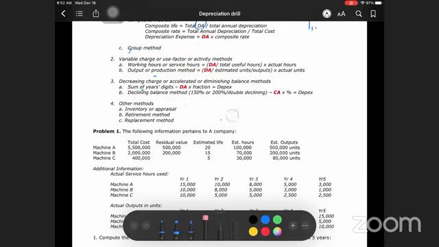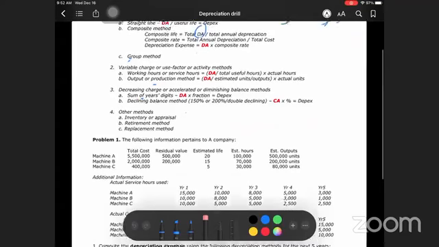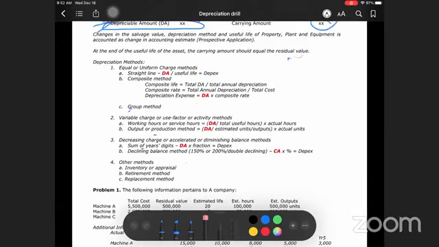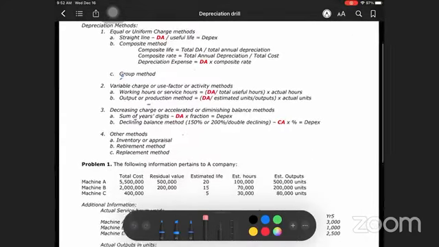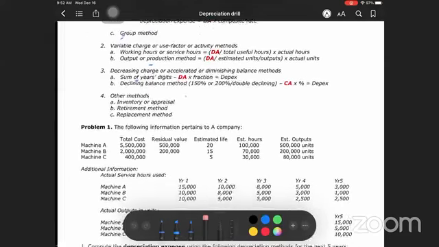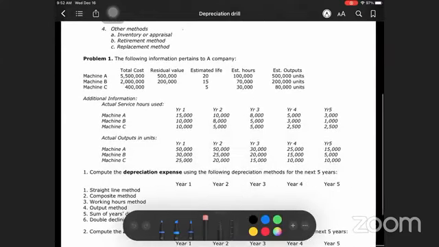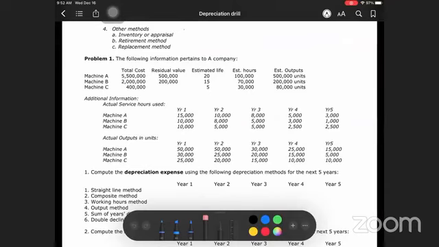Okay, question so far before we proceed to the sample problems? Questions.